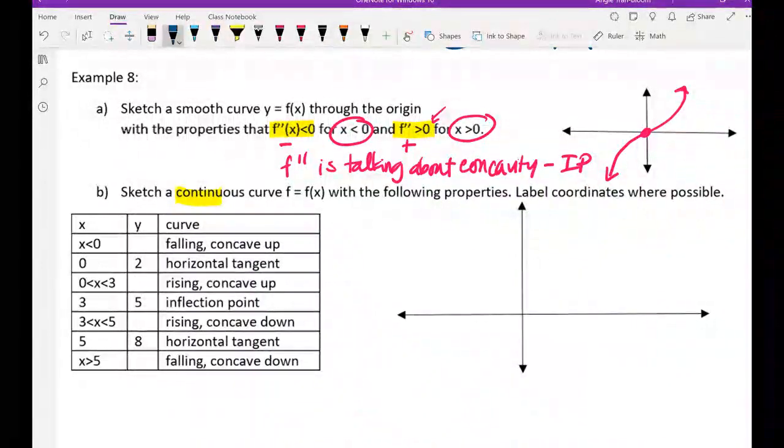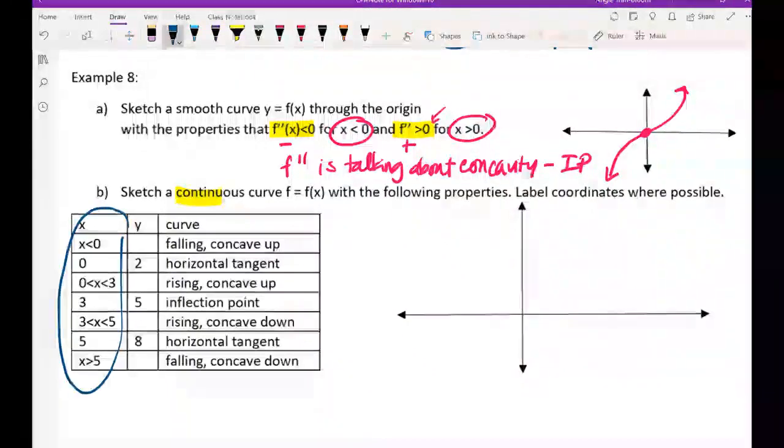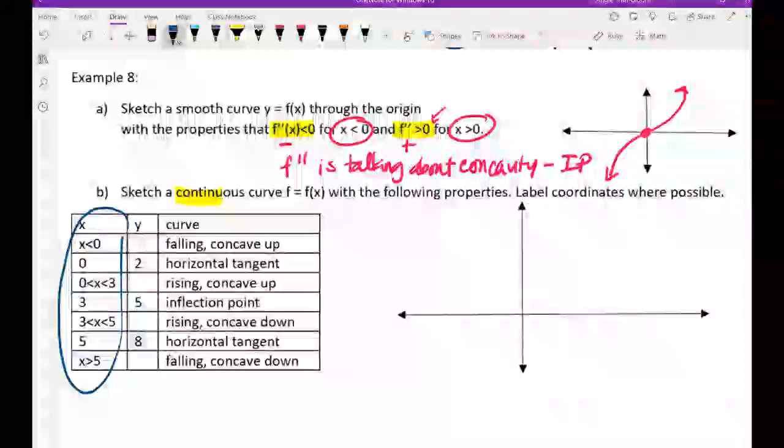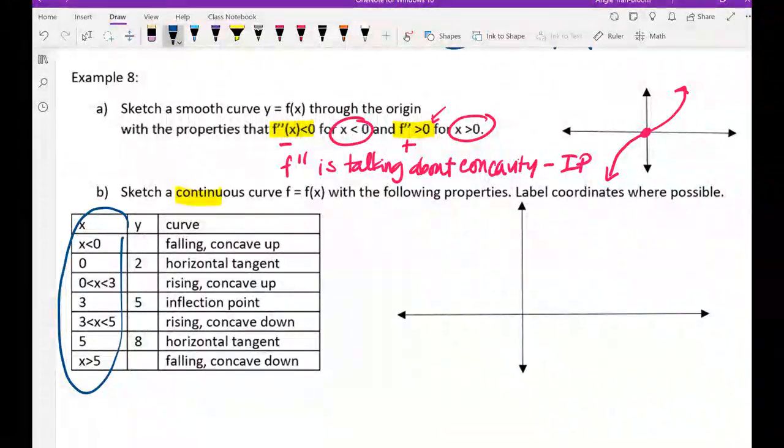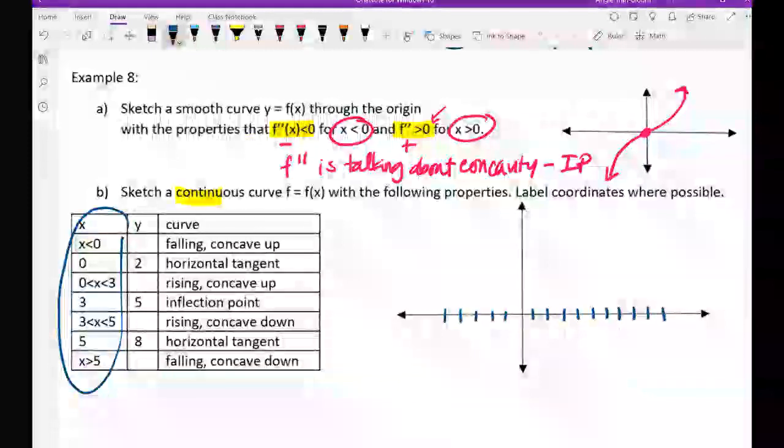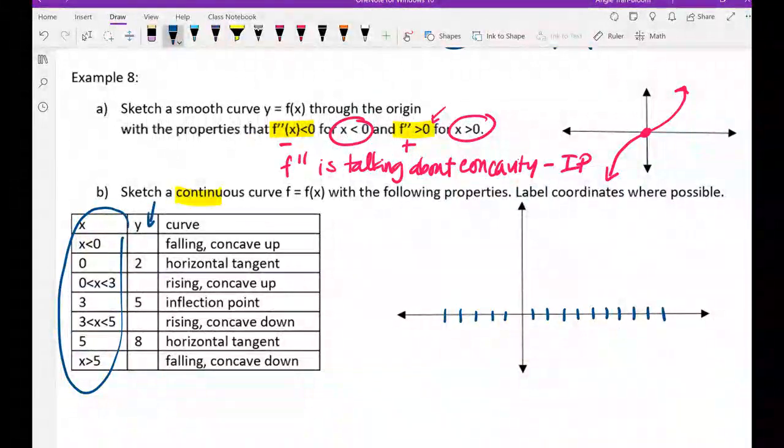Our x values go from less than 0 to beyond 5, so I'll go 1 to 10, and the y values go up to higher than 8, so I'll go 1 to 10.